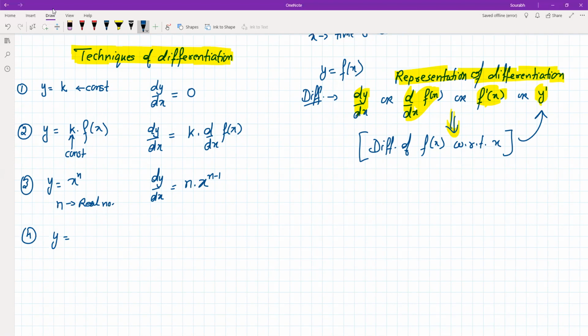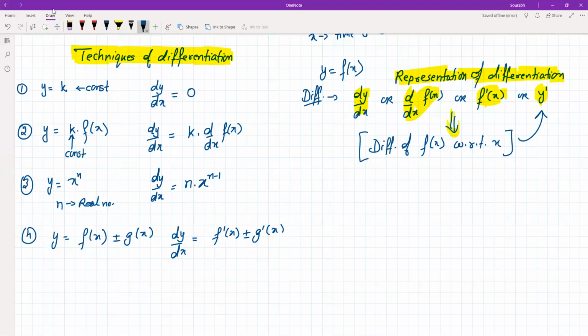So coming back to this, these are three different things which I have shown you, and with examples it will be more clear to you. Another rule is that if function y is something like f of x plus or minus g of x, then dy by dx, that is differentiation of that combination, will be f dash x plus g dash x, or f dash x minus g dash x.